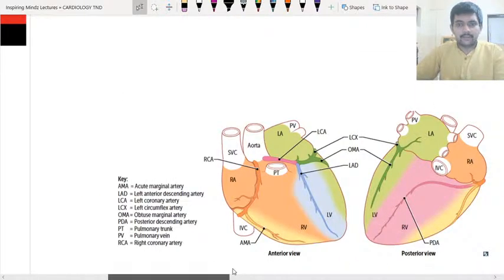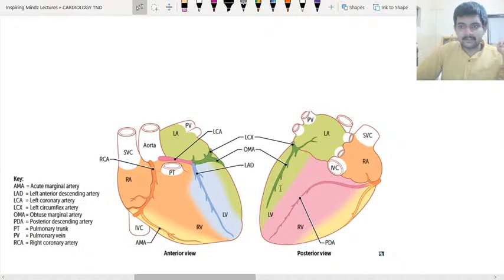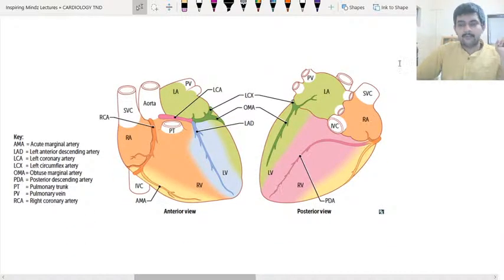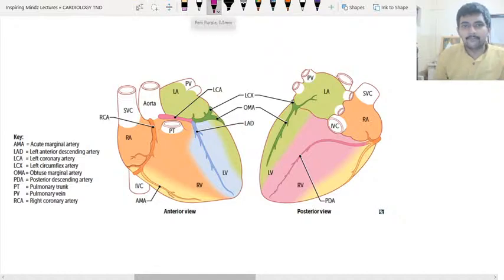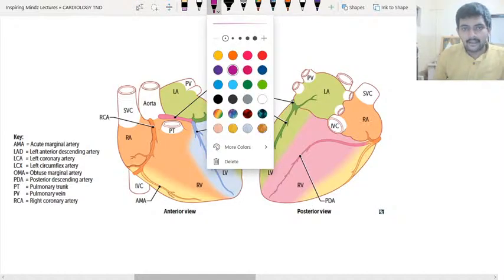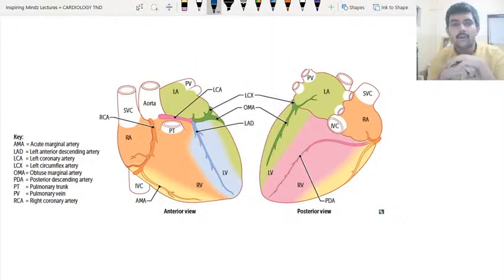Okay, so this is overall the blood supply that you can see in front of you. Fine. Sorry for the disturbance, some hang might be going on in between. Fine. So see, this is the figure that you are shown. The basic thing is you have the aorta coming from the left ventricle, right? From the aorta, you have three structures.